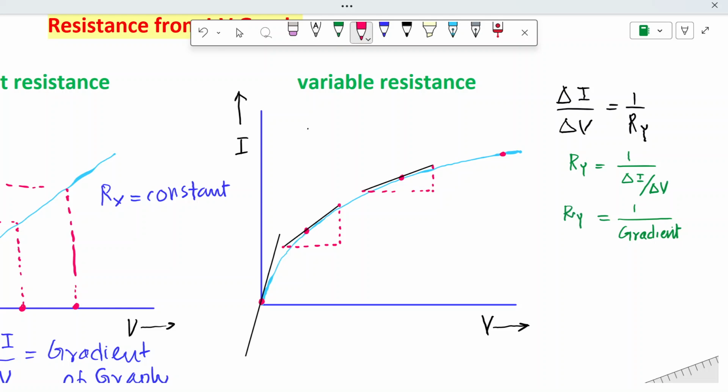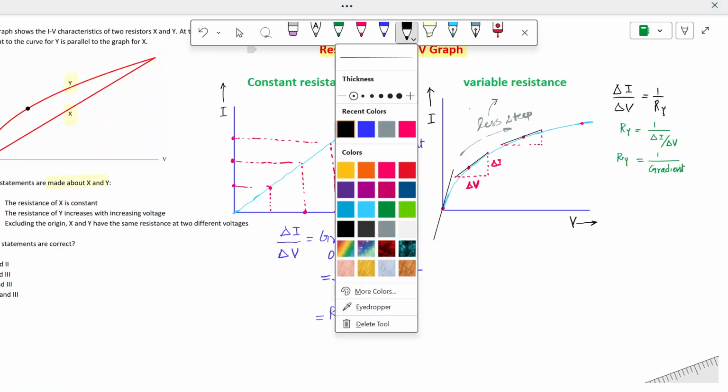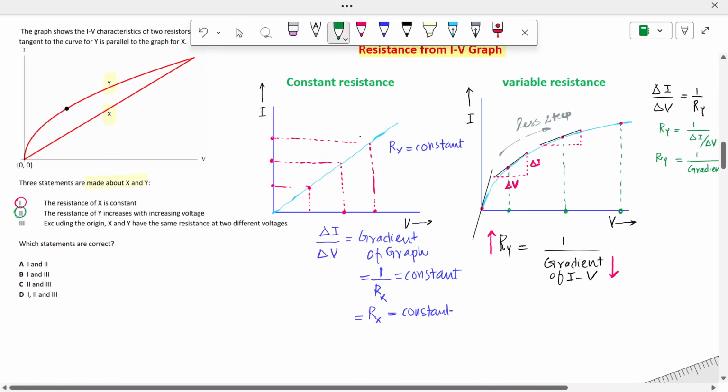You see that the delta I over delta V value, which is the slope or the gradient, is decreasing because this tangent line is becoming less steep. Less steep means that the gradient is decreasing. So that's why Ry is increasing with respect to the voltage. As you see, the voltage is increasing, and with the increase of voltage, the resistance of Y is increasing. So, dear students, this option is also correct.